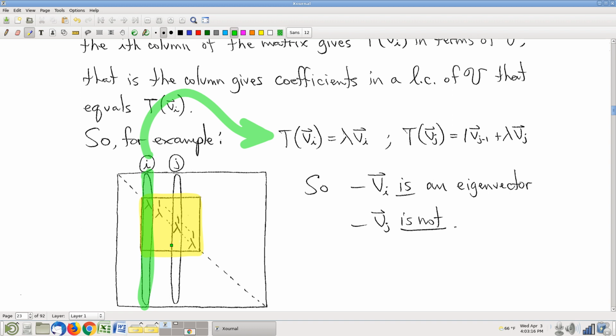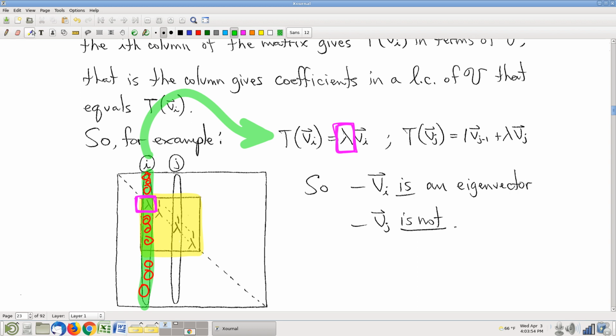It's practically all zeros, right? We've got all zeros out here because we're outside of the basic Jordan blocks, and inside of a basic Jordan block, it's all zeros below the diagonal. Above that one diagonal entry, we're outside of the basic Jordan blocks again. It's all zeros except for a single lambda exactly on the diagonal. That lambda, in a linear combination of the script V vectors, the output basis vectors, then gives you lambda times v_i.